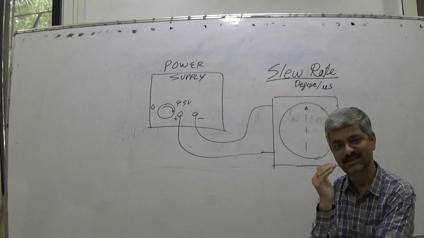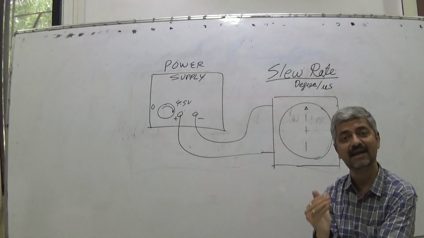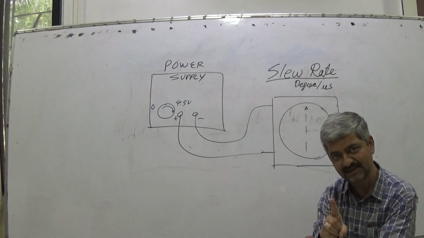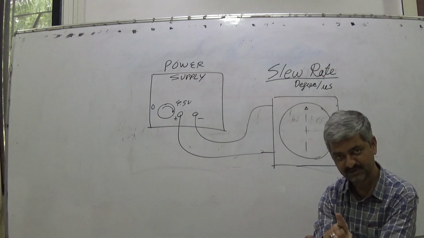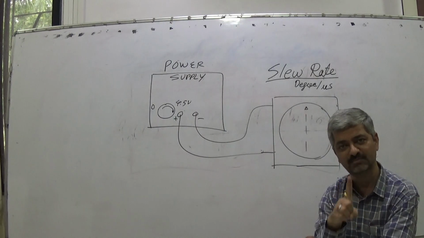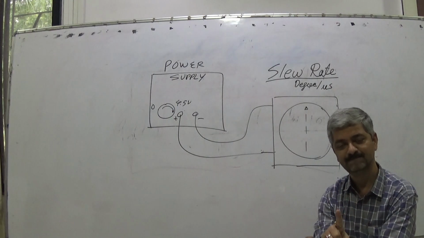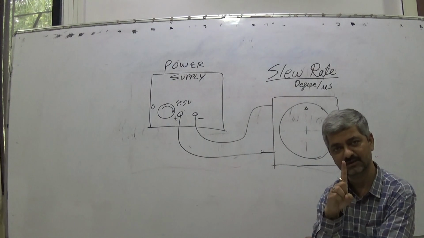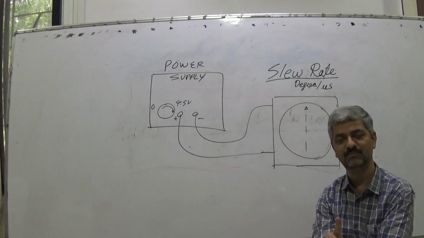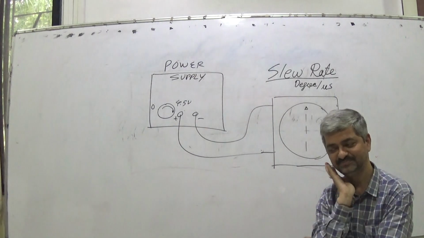So the slew rate is, listen very carefully, the maximum rate at which the pointer of the voltmeter can change its position. So it is the rate of change of angular position with respect to time, which the voltmeter can't exceed.